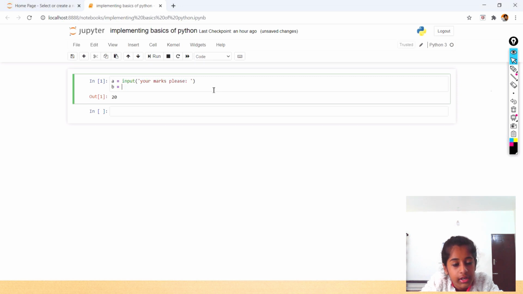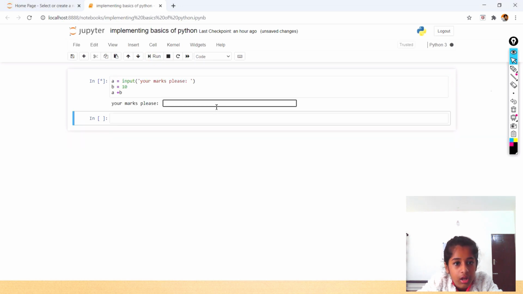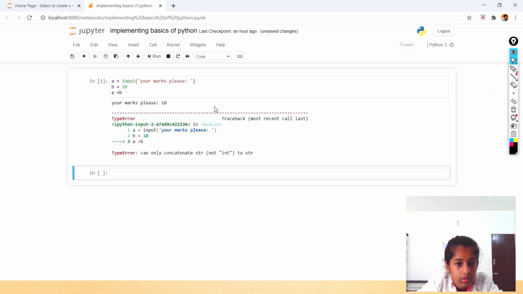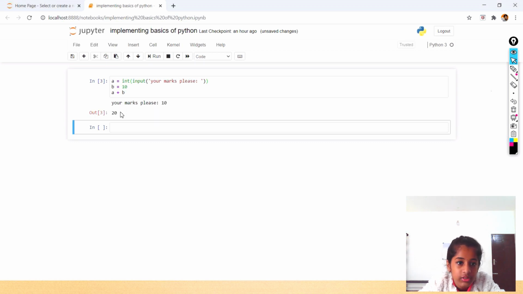Now when we want to print out, we're going to say C is A plus B. Now let's run this. I'm going to enter 10. You cannot do that. So what you have to do is convert it to integer. How we do that is say int, put outer parentheses, and inside that you're supposed to say input. Yes, your marks are going to be 20.